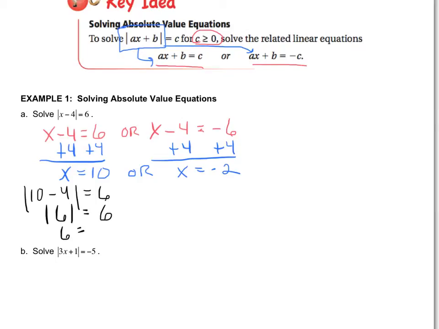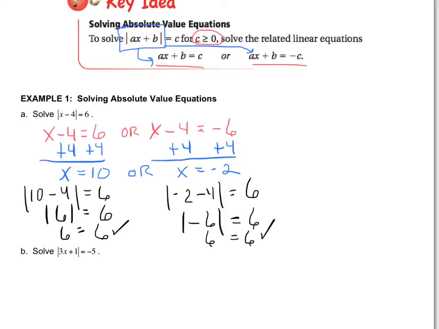So that works. I move over to the second one. If I plug in negative 2 for the x and subtract 4, I get negative 6, but the absolute value of negative 6 is 6, so it also works. So then I can say that my solutions are x equals 10 or negative 2.